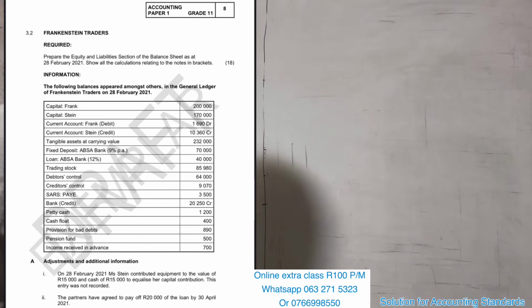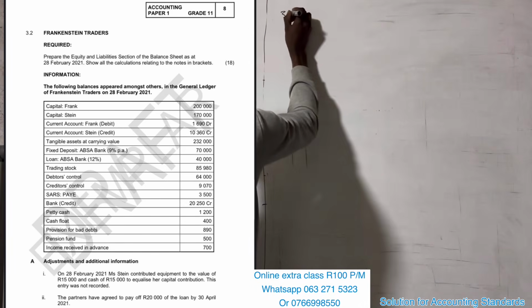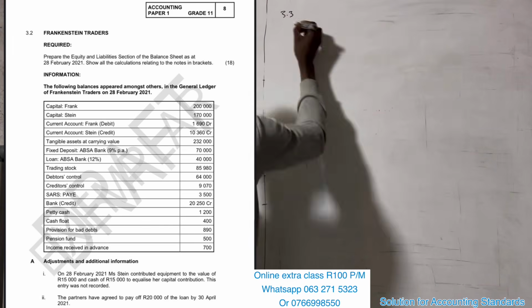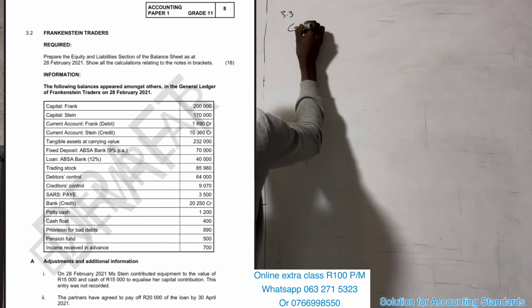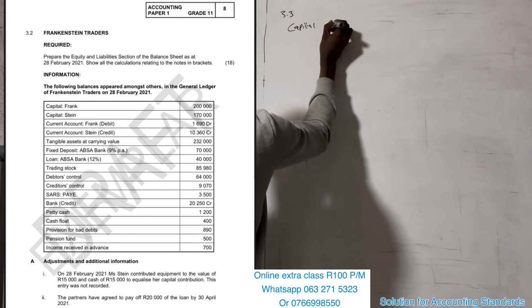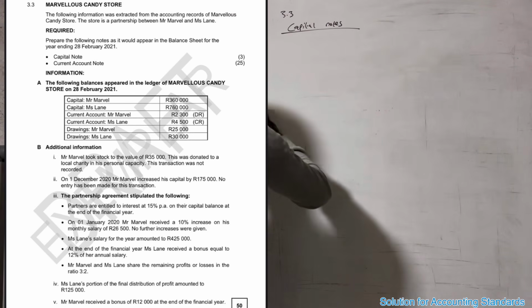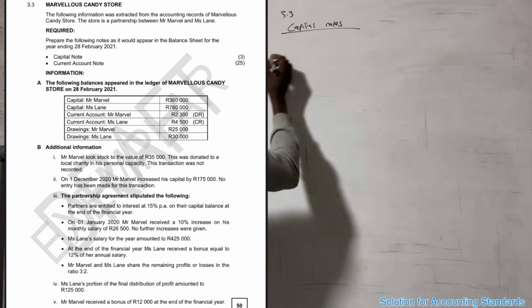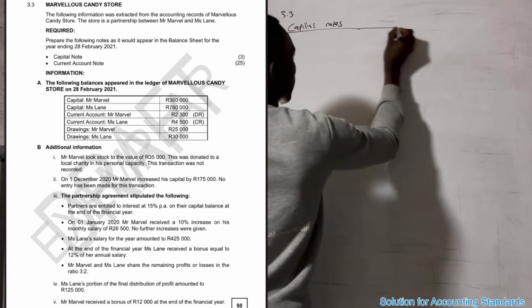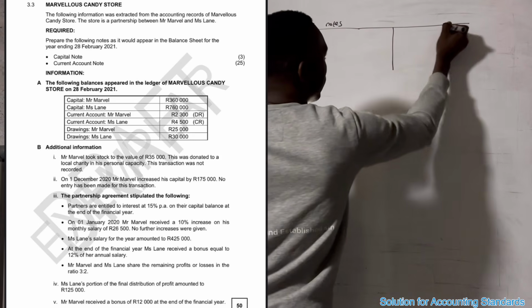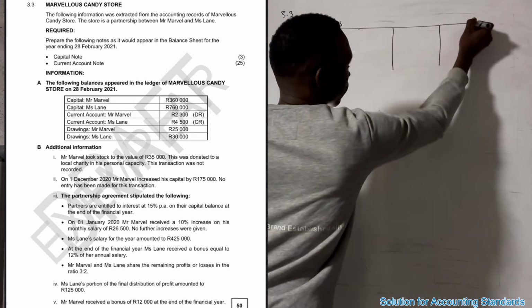Okay, now let's go to 3.3. Okay, we were required to prepare a capital note. Okay, under capital notes, we are going to find two partners. Let's make it not long.